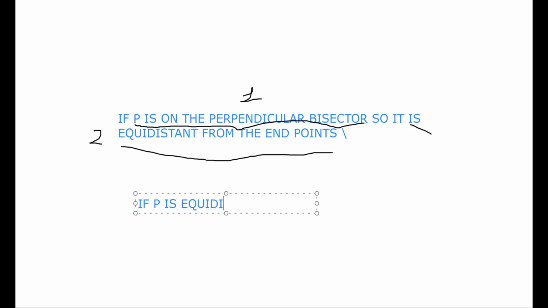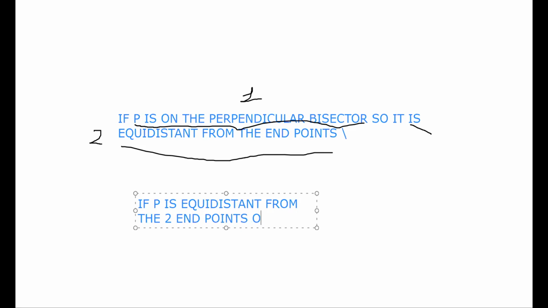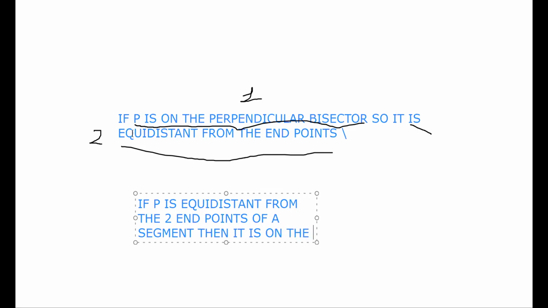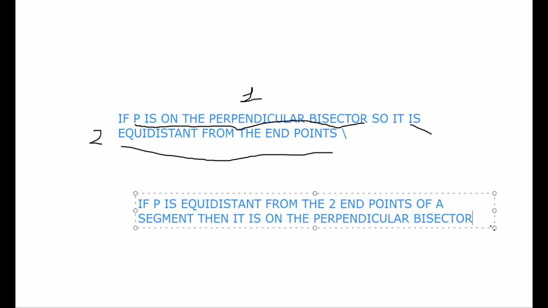If it is equidistant from the two endpoints of a segment, then it is on the perpendicular bisector. It's very, very important for you to understand how to write a theorem and then how to write its converse.